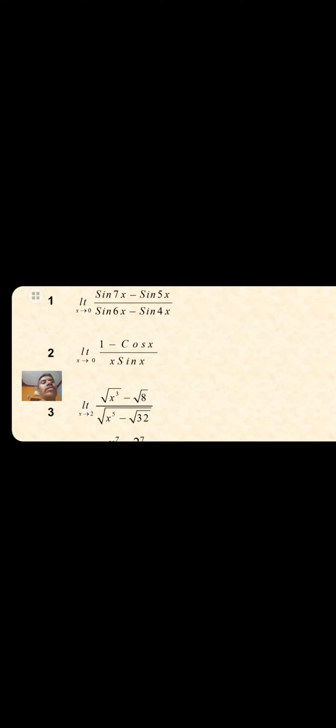So we have to use trigonometric formulas, that is transformations, the sin c minus sin d formula. You know it came in first sem, that is 2 cos (c plus d) by 2 sin (c minus d) by 2. For the first question, apply that formula and simplify, then you will get the value.